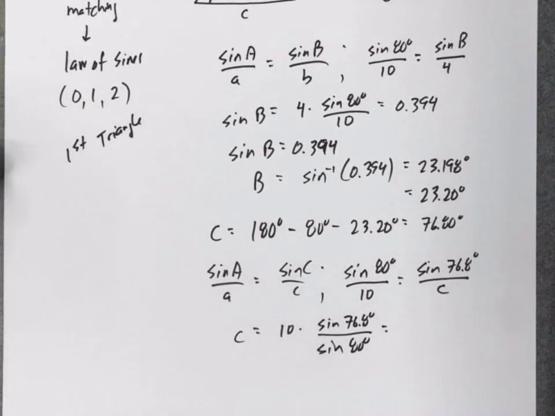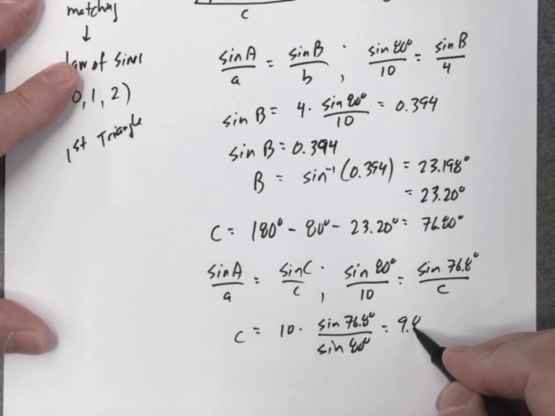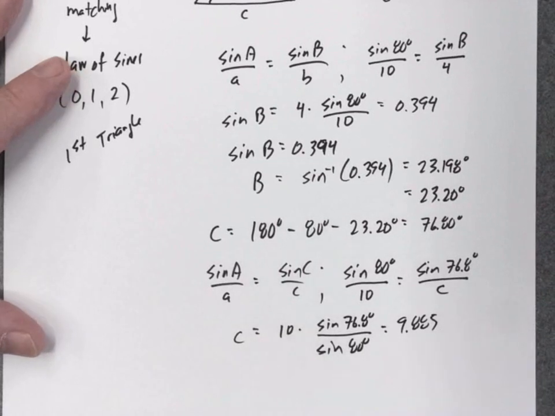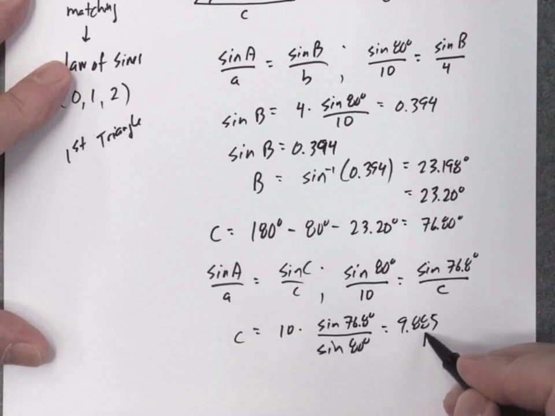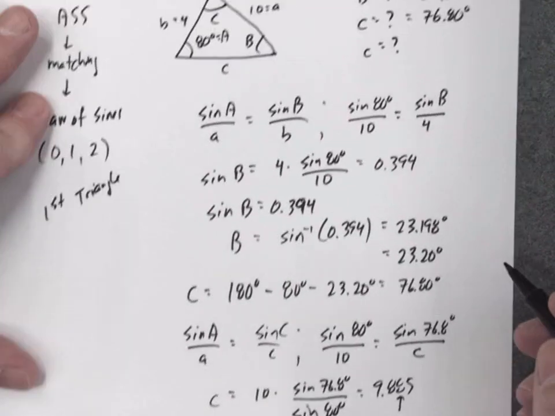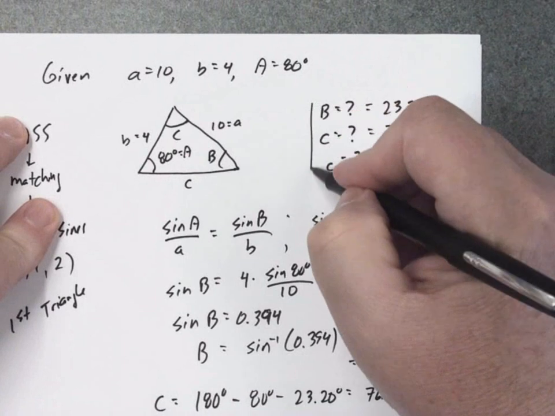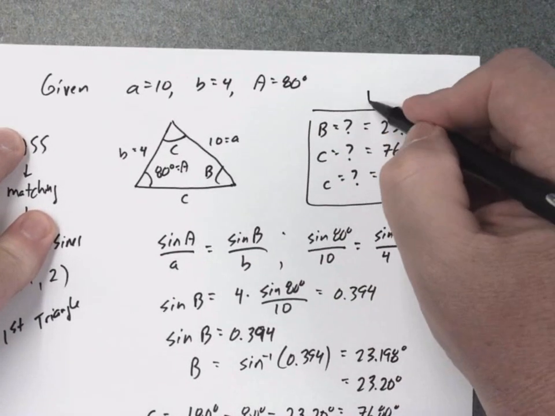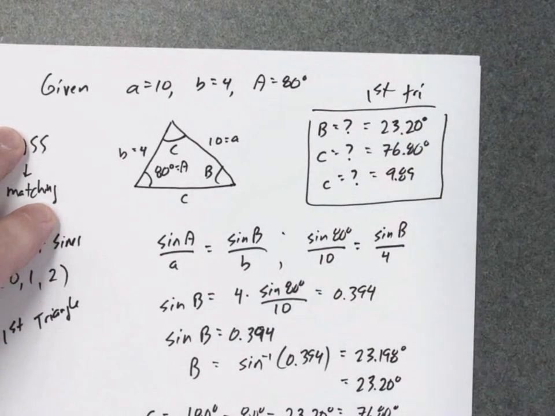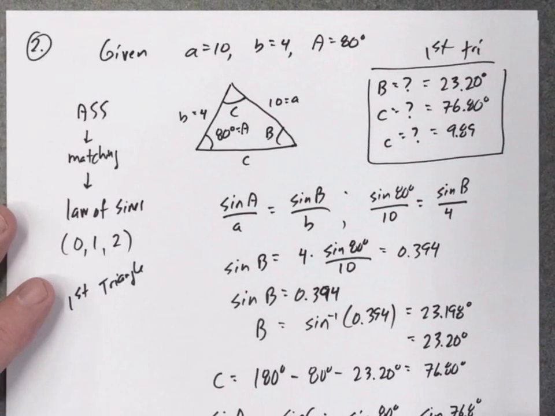So I got my calculator, put in the sine of 76.8 divided by the sine of 80 and multiply that by 10, and you get 9.885, which we're going to round to 2 decimal places, 9.89. So here is my first triangle information.